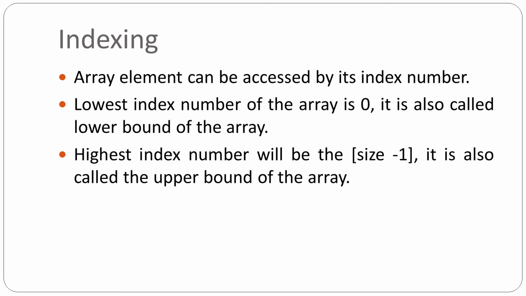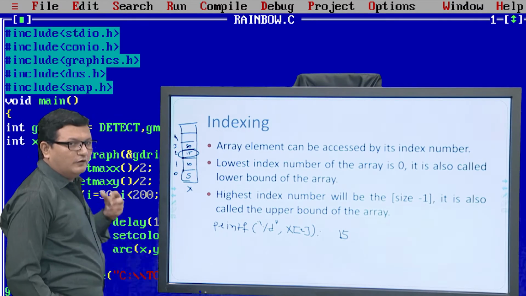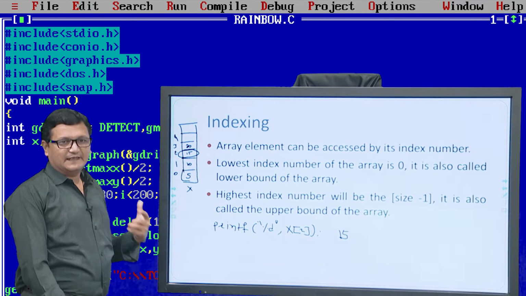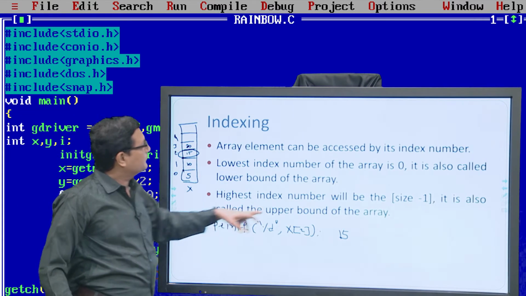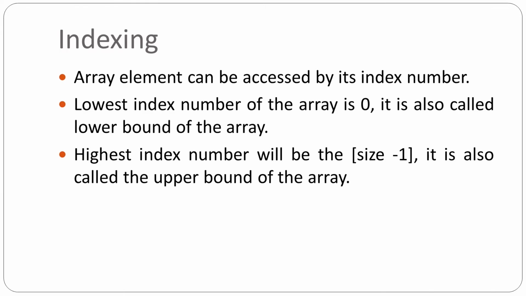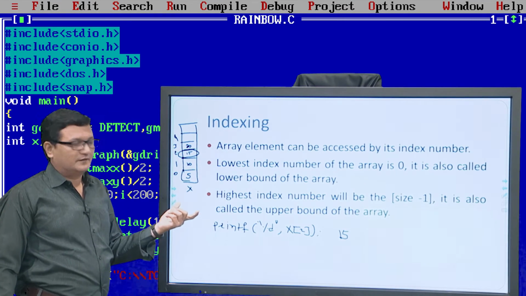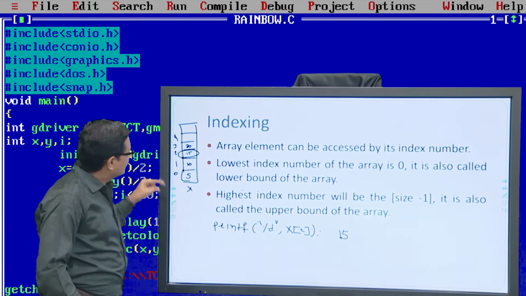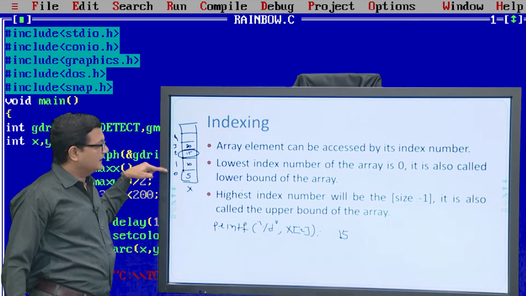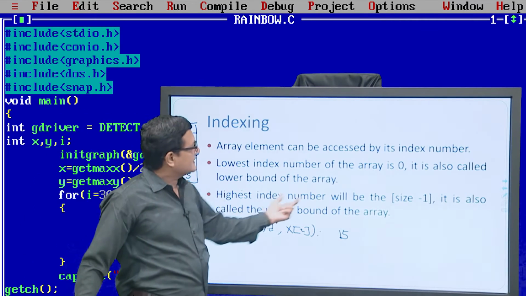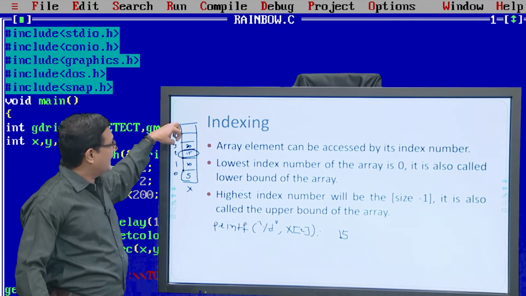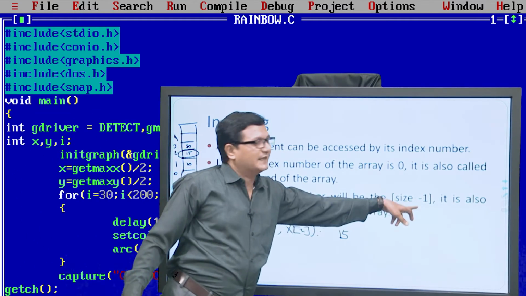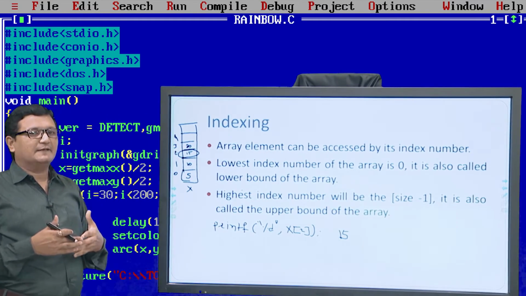Second thing: whenever you declare an array, you can put your first element on position number 0. An array always starts from index number 0. The first element goes on position 0, which is also called the lower bound. The highest position where you can store an element is size minus 1, because we start from 0.